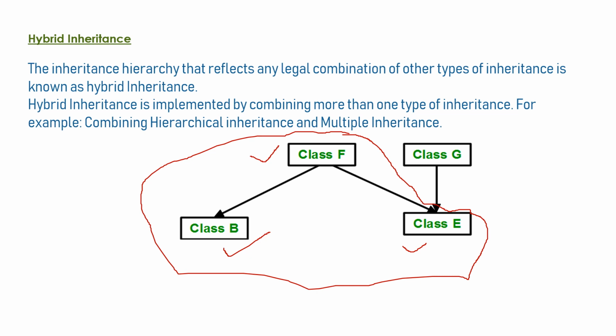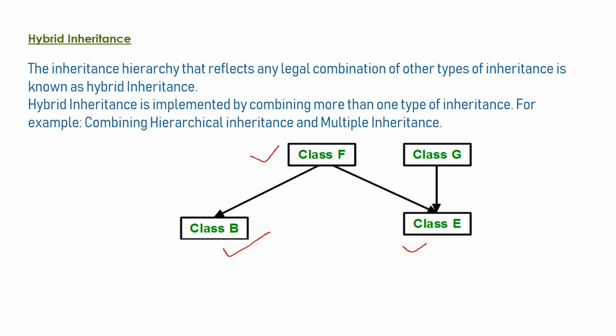Here class B and E are derived classes and class F is the base class. So B and E classes can inherit the properties from class F. This is what used to happen in our hierarchical inheritance.